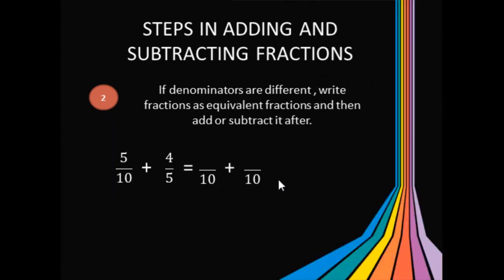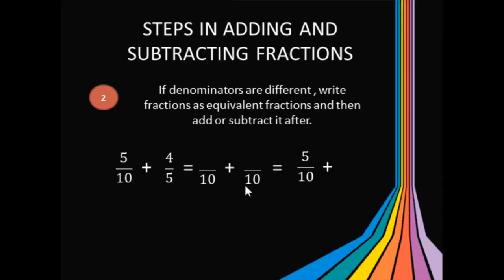And we follow the rule. We need to divide and multiply. 10 divided by 10 is equal to 1. Very good. Times 5, we get 5/10. Can you follow? Okay, and then let's have the other fraction.